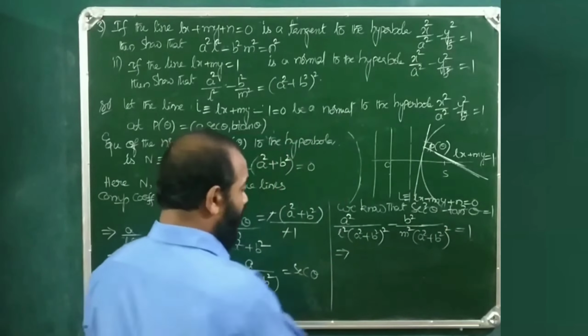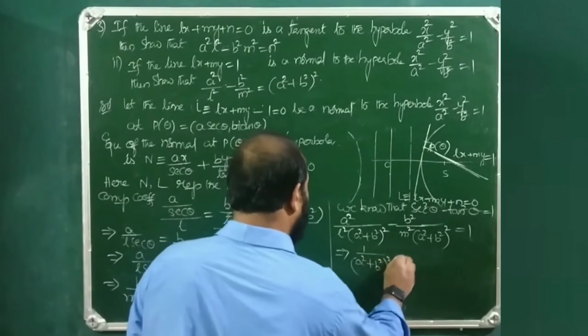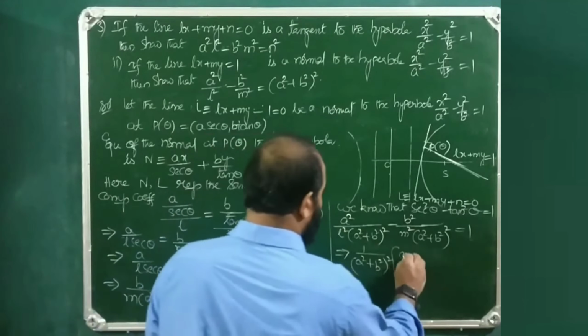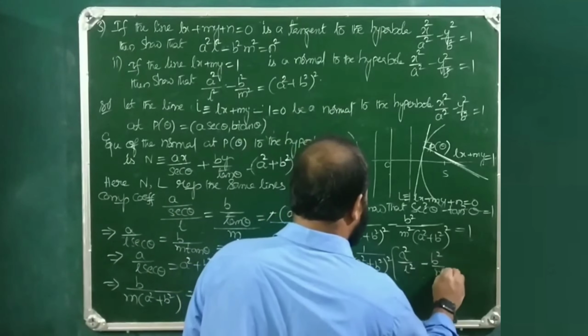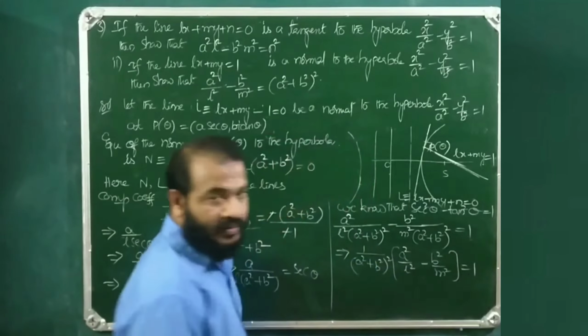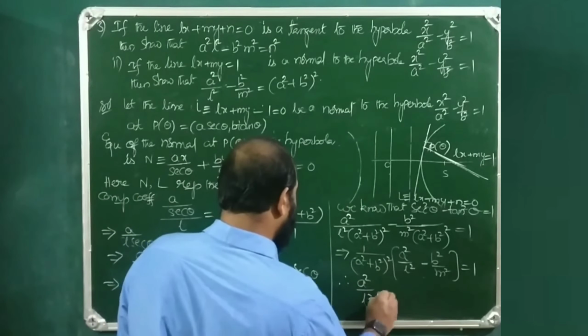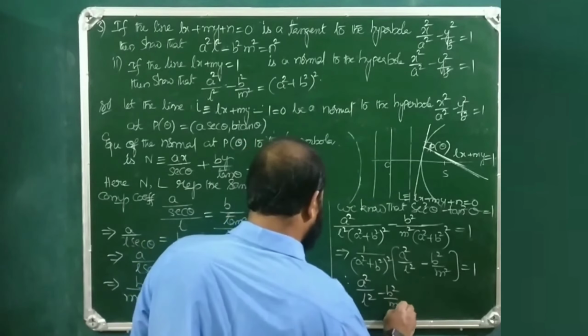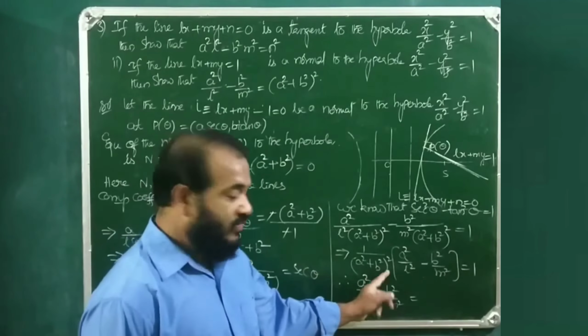So from this, 1 by (a square plus b square) whole square, if you take common, then this is a square by L square minus b square by m square is equal to 1. Therefore, a square by L square minus b square by m square is 1 by (a square plus b square) whole square.